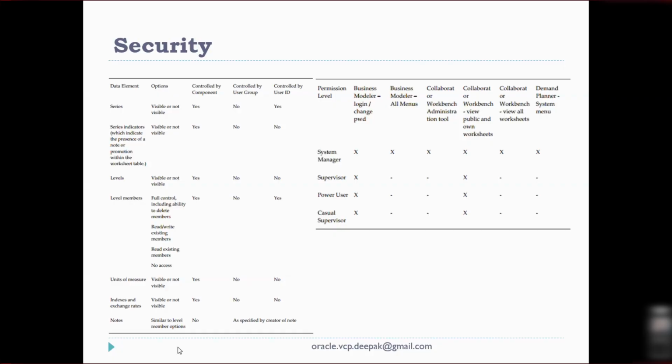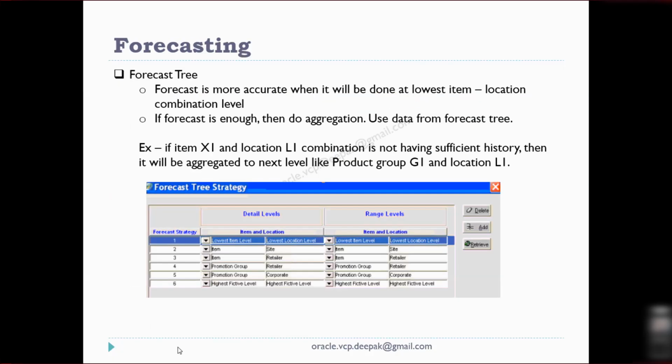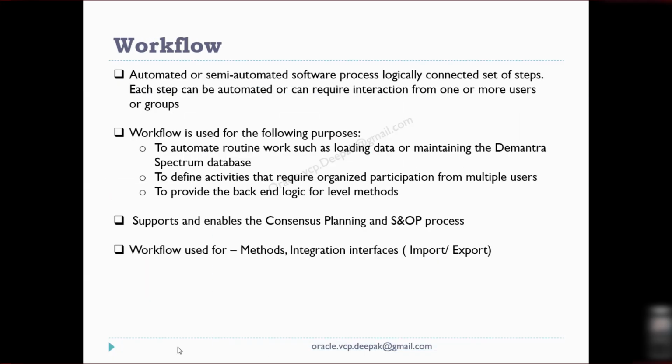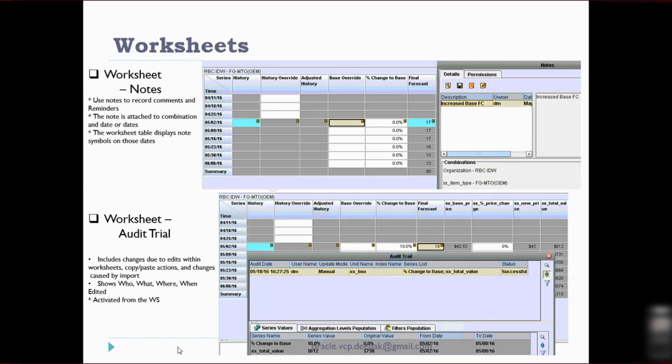Then notes. If you recollect, in the series we mention these notes, right? Like this note, increase the forecast. The user who is creating a note should have control over who sees it: it will be seen by my colleague, but not by my manager.